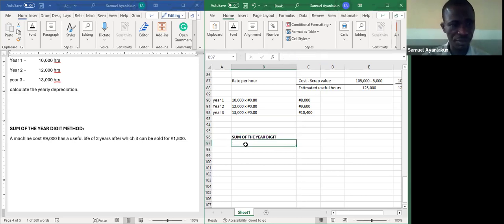So we have a machine that costs 9,000 and has a useful life of 3 years, after which it can be sold for 1,800 naira.